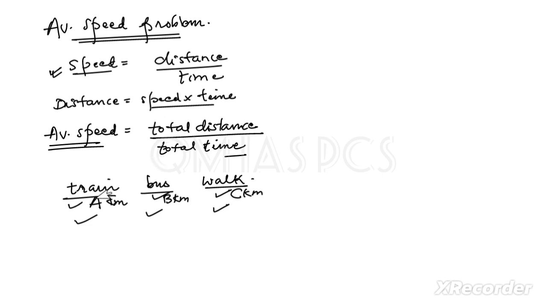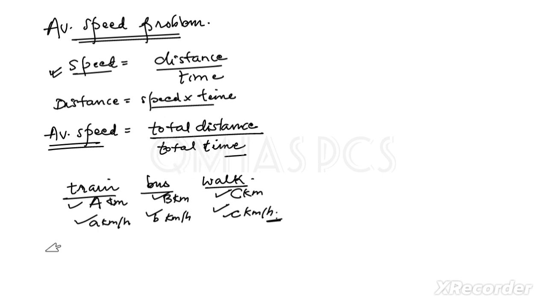So we can say that the speed of the train was a kilometer per hour, small a. For the bus it will be b kilometer per hour. For walking, let's say, c kilometer per hour. Is it clear?